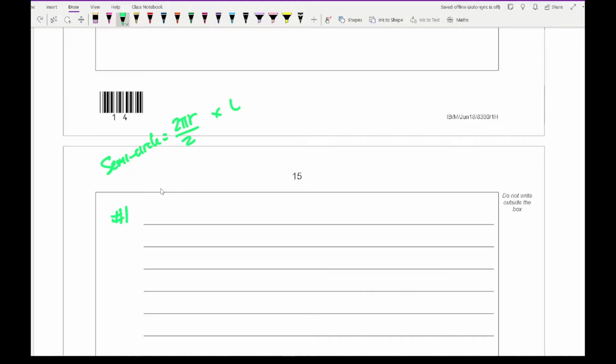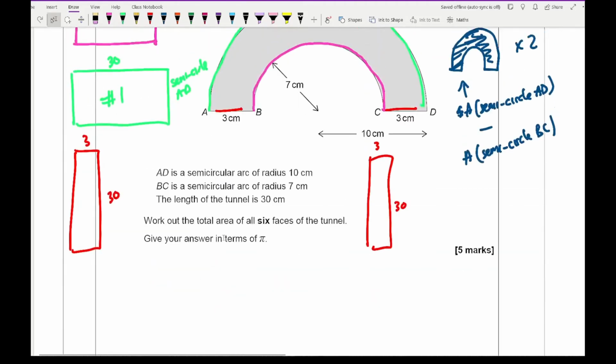So here we're going to have 20 pi divided by 2 times 30, which gives me 10 pi times 30, which gives me an answer of 300 pi.